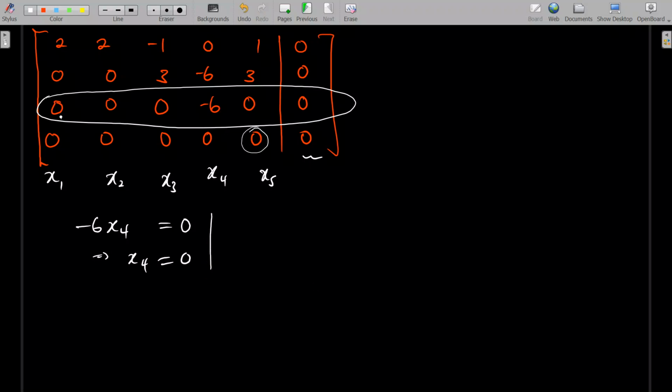Now on the other hand, if I go to this row, I'm going to have 3x3 minus 6x4 plus 3x5 is equal to 0, right? I know x4 to be 0, so I'm going to have 3x3 plus 3x5 is equal to 0.